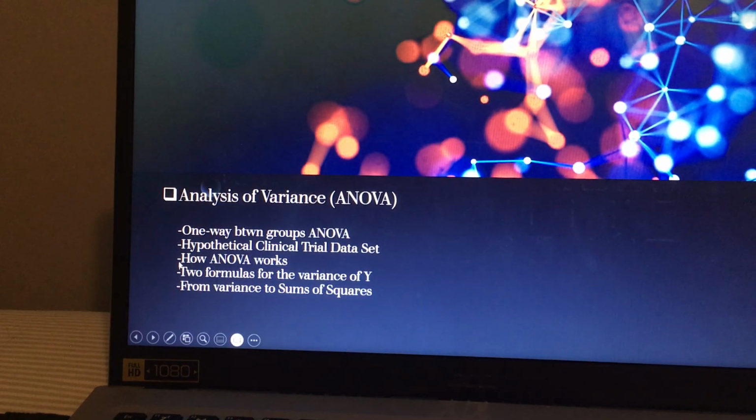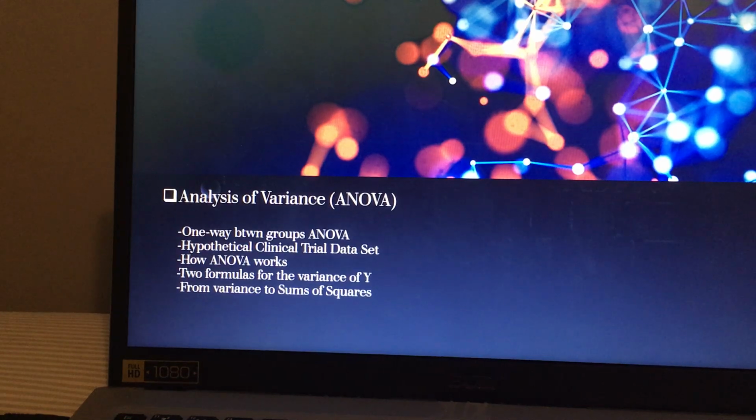So how does it work? How does ANOVA work? So in order to answer the question that is posed by our clinical trial data, we're going to run a one-way ANOVA. So the author is going to start by showing how you do it the long way, right? So by hand calculations. So we're just going to run through that first, and we're going to build the statistical tool from the ground up.